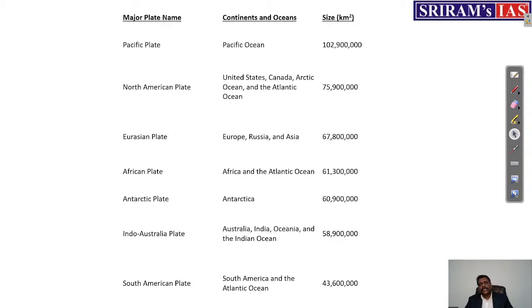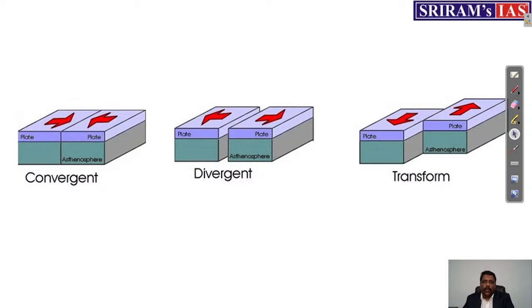Now, I said all endogenic forces are confined to these plate boundaries. And majorly, how many different types of plate boundaries are there? Majorly, there are 3 different types. Plates are moving and 2 or more plates are interacting with each other. If 2 plates move towards each other and start colliding, that boundary we call a convergent boundary.